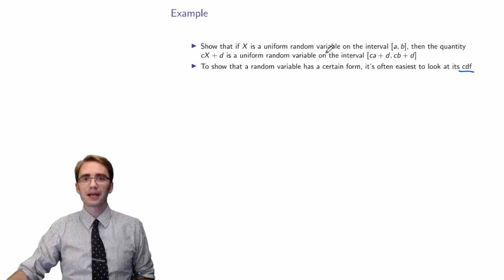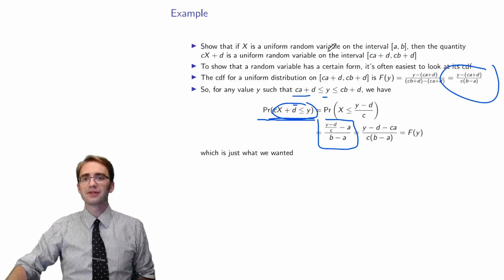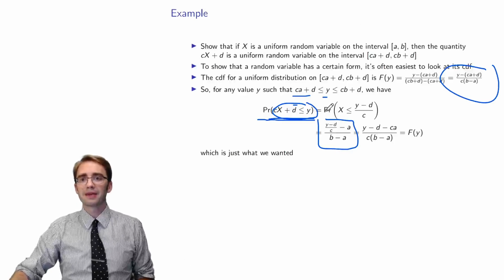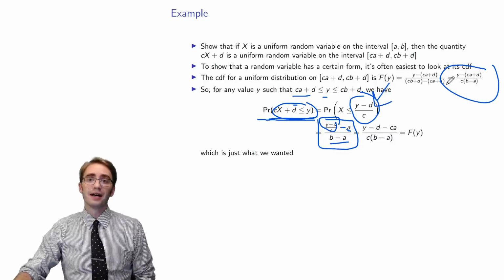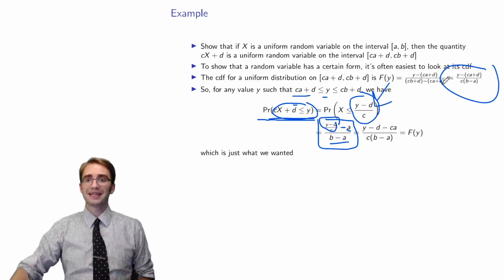Now we'll skip back to these calculations. I'm evaluating the CDF at this point, y minus d on c, so I do y minus d on c, then minus a, all over b minus a. This is me just plugging in this value, y minus d on c, into the CDF.